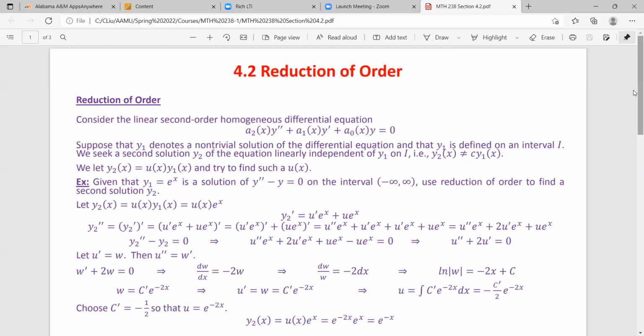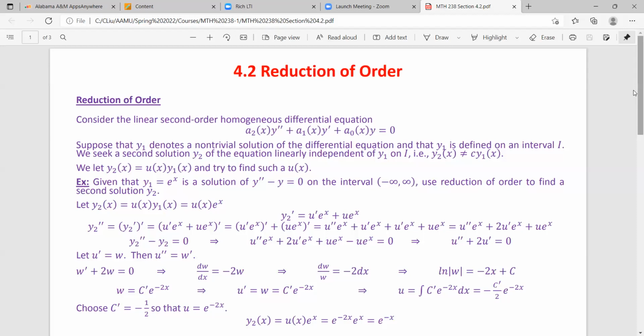So if you take the exponential on both sides, it essentially becomes w equals some arbitrary constant C prime times e to the negative 2x, where C prime here can be both positive and negative. So that will take care of the absolute value sign. Okay.